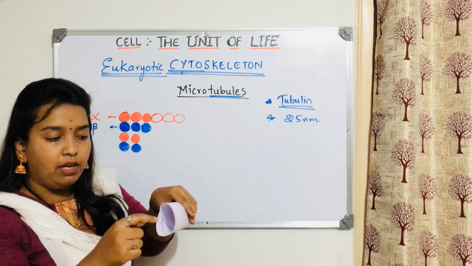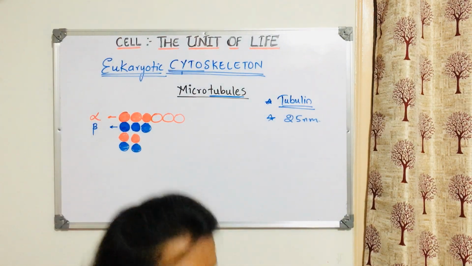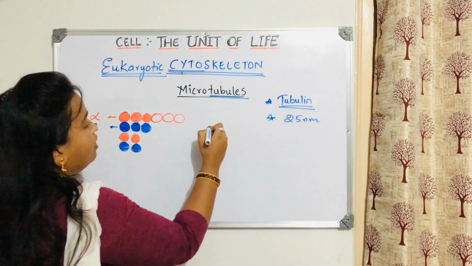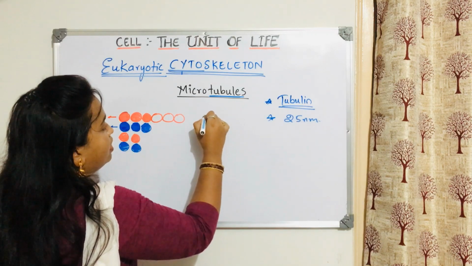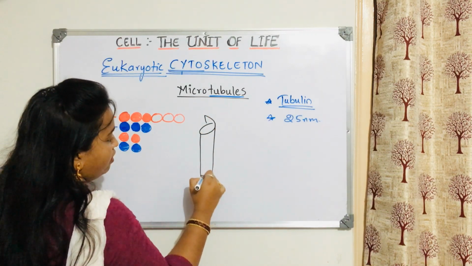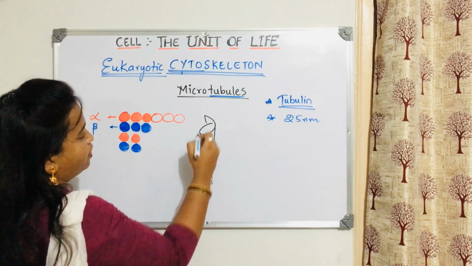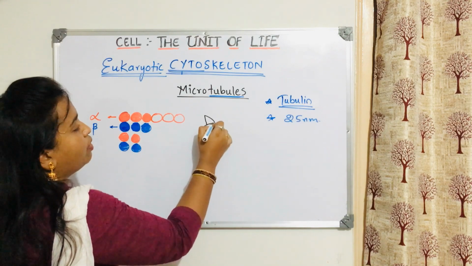If you see from here, how many proteins will you see? I told you, no? After folding, this type of structure has formed, right? So how many proteins will you be able to see here?